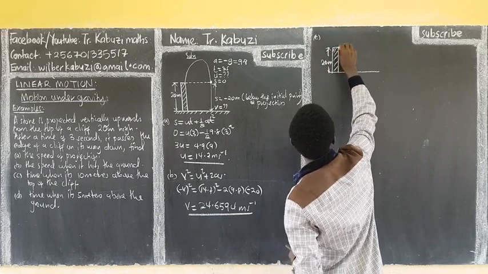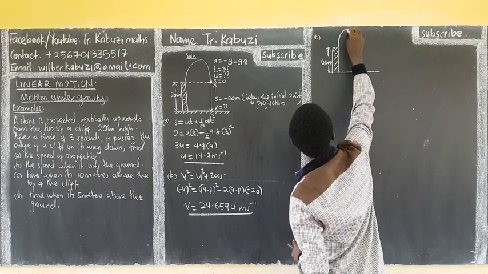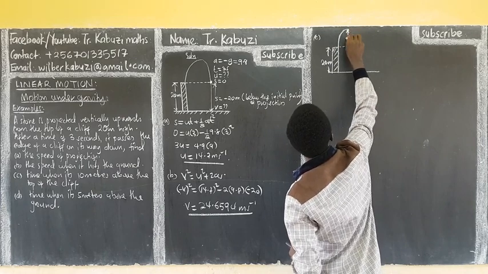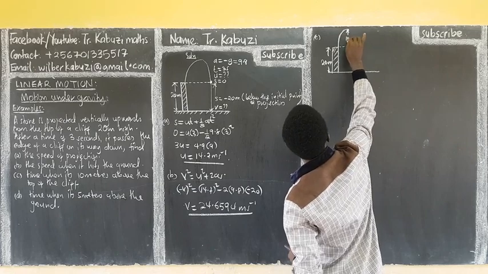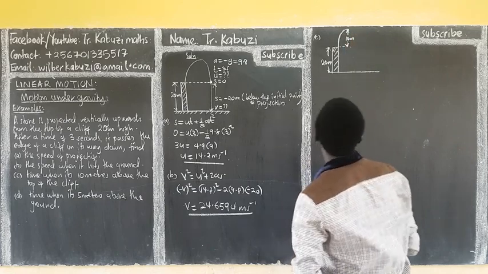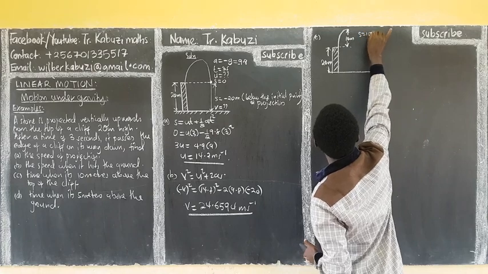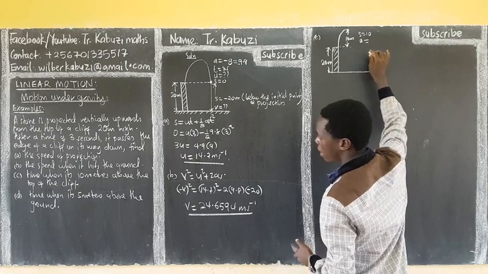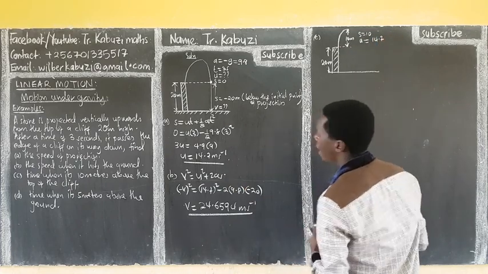They're asking us the time when this ball is 10 meters above the cliff. So this time is what we are looking for. Our s is 10 from here, and we have our u already, which is 14.7. Then they're asking for what?